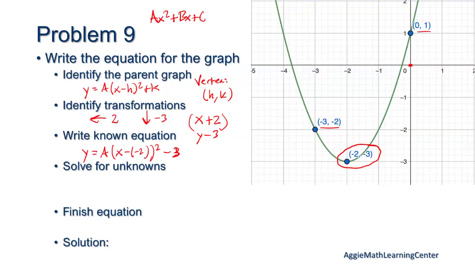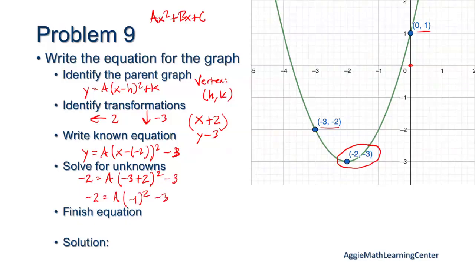I'll use this point right here, the (-3, -2). And so you can plug in the -2 for y equals a, and then our x would be -3. Minus the negative is a positive 2, squared, and then we would have minus 3. So if we simplify that, -2 becomes a times -1 squared minus 3.